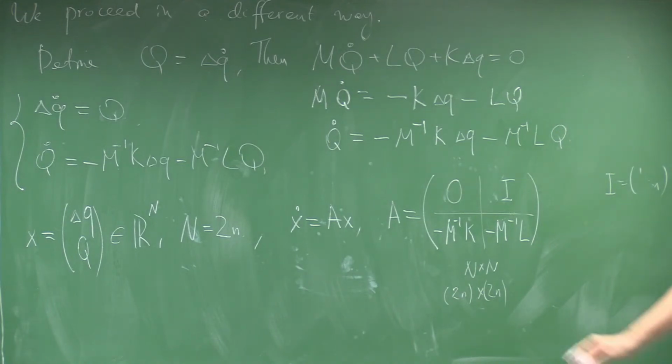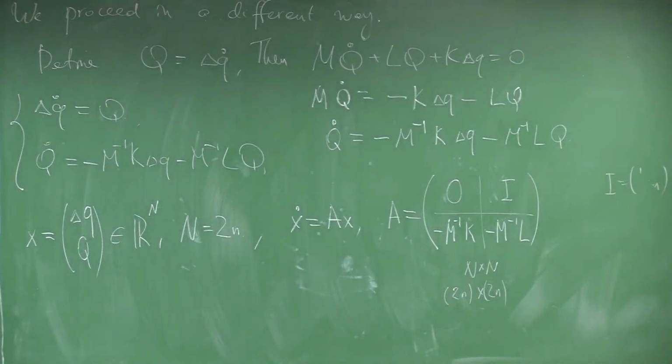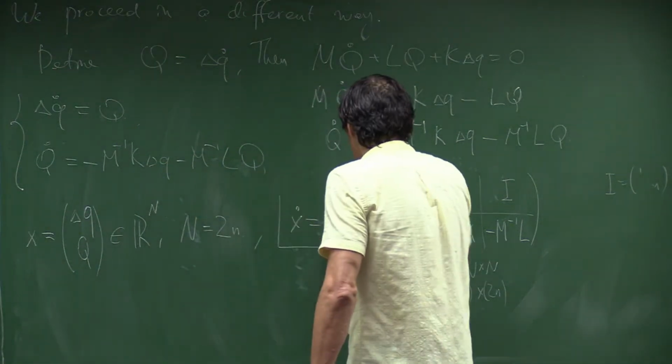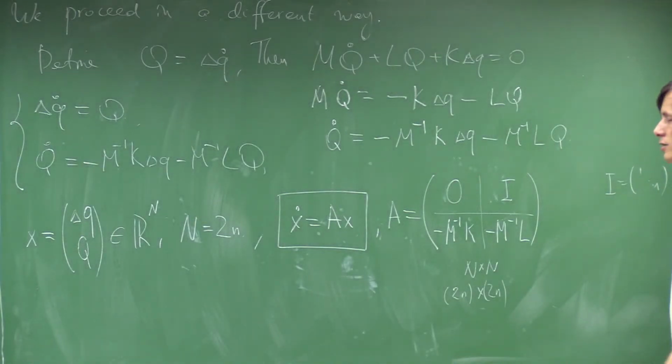So I just wrote the original system which we had in the form of second order, in the form of a system which is first order, and this is a classical object that is studied in differential equations.